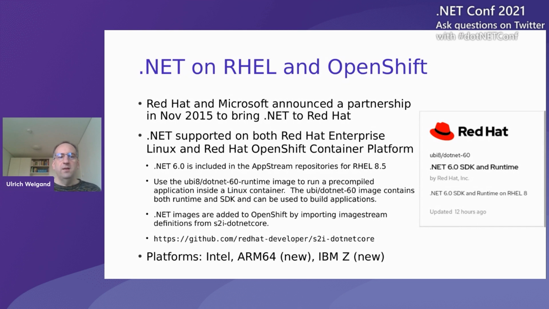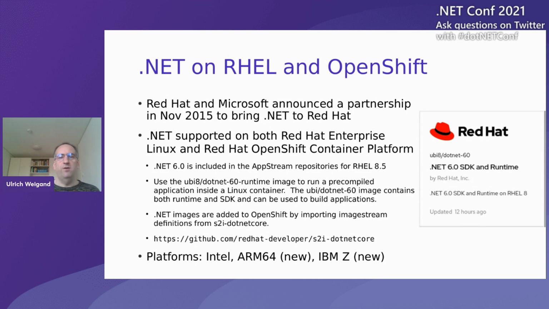And .NET has been supported both as RPM packages that you can just install on your Red Hat Enterprise Linux, but also as prepackaged containers that you can just deploy either under Docker or Podman, or you can deploy them into a Red Hat OpenShift container platform environment. And up to now, this has only supported the Intel architecture.